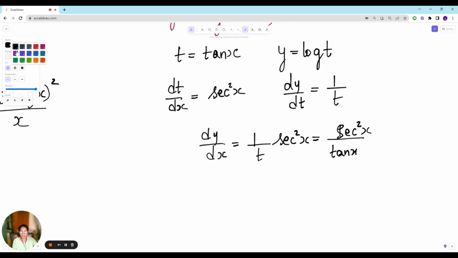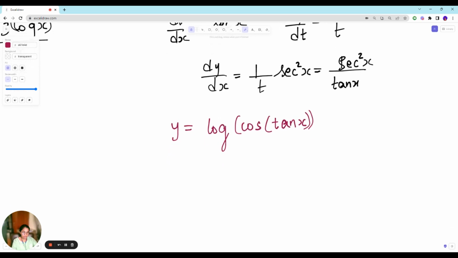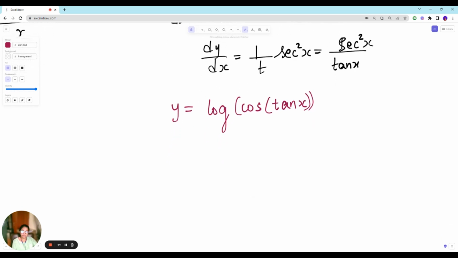Okay? Now, suppose we have y is equal to, yes, y is equal to log of cos of tan x. Yes, how will we solve this? Let me apply chain rule directly now. Okay, I'll go from the left. What do I have? Log of some function.